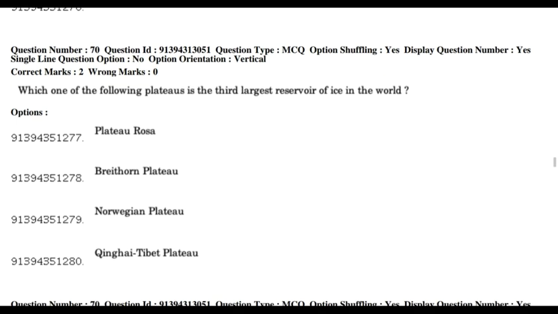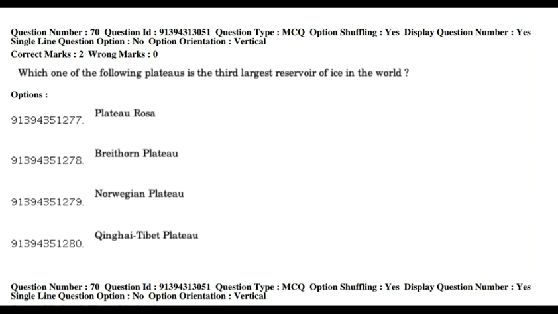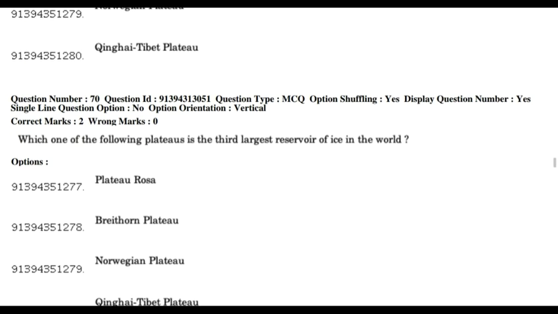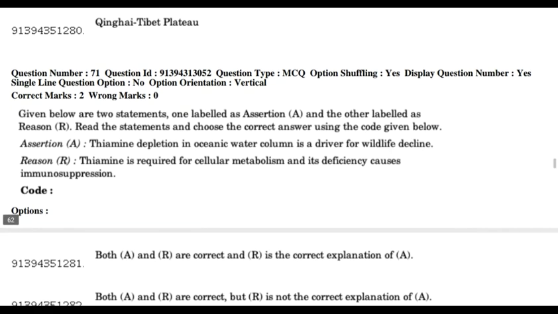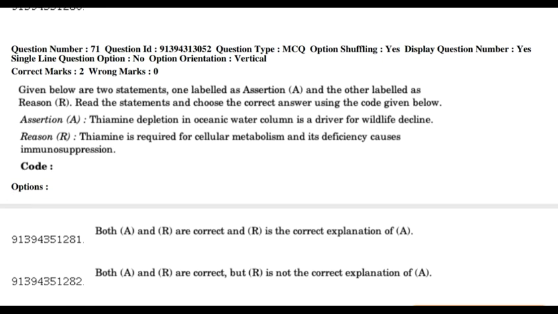Next, which of the following plateaus is the third largest reservoir of ice in the world? Qinghai-Tibet Plateau. Next, assertion and reason is given.